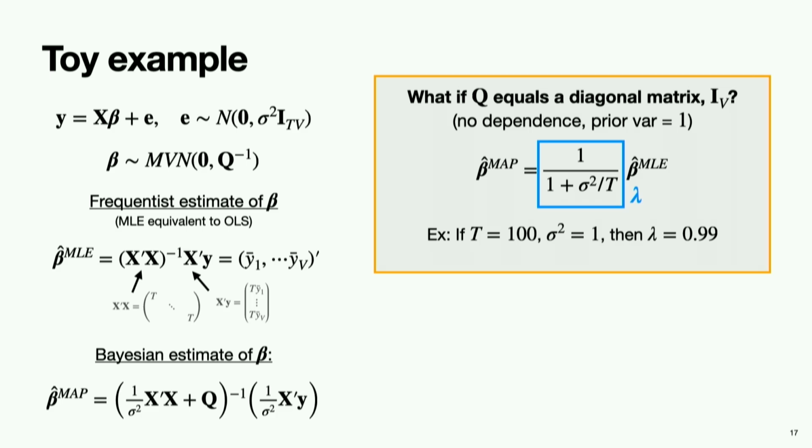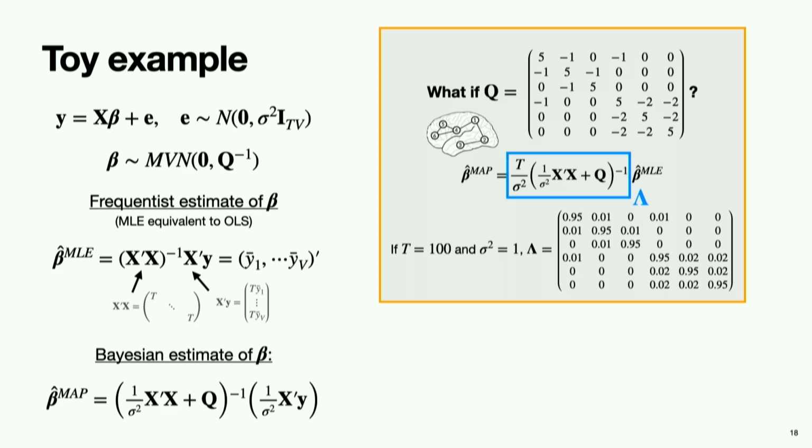And what I've circled is what we would often refer to as the shrinkage parameter, lambda, or 1 minus the shrinkage parameter. That lambda is going to be a number between 0 and 1, so we're going to have a little bit of shrinkage of that MLE towards 0, which is the prior mean. As an example, if we have 100 time points, then lambda would be 0.99 if the variance in the data is also 1. So you can see it's just a tiny bit of shrinkage towards 0.